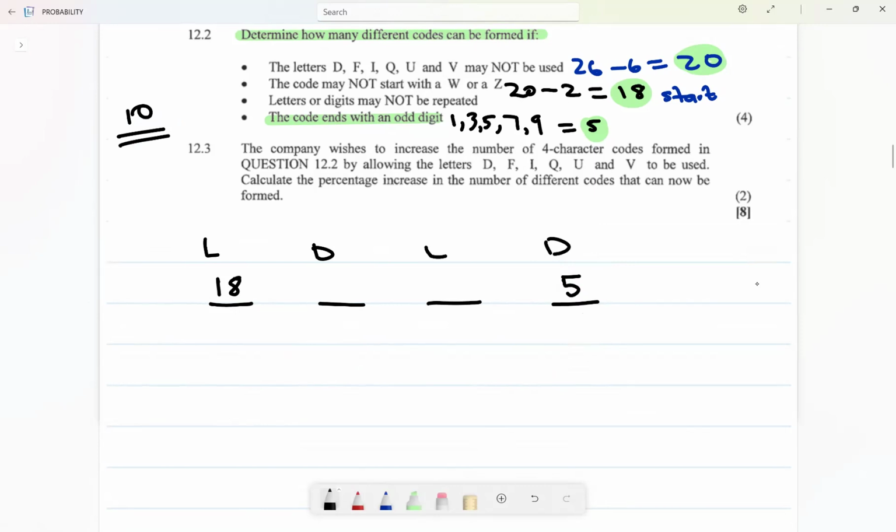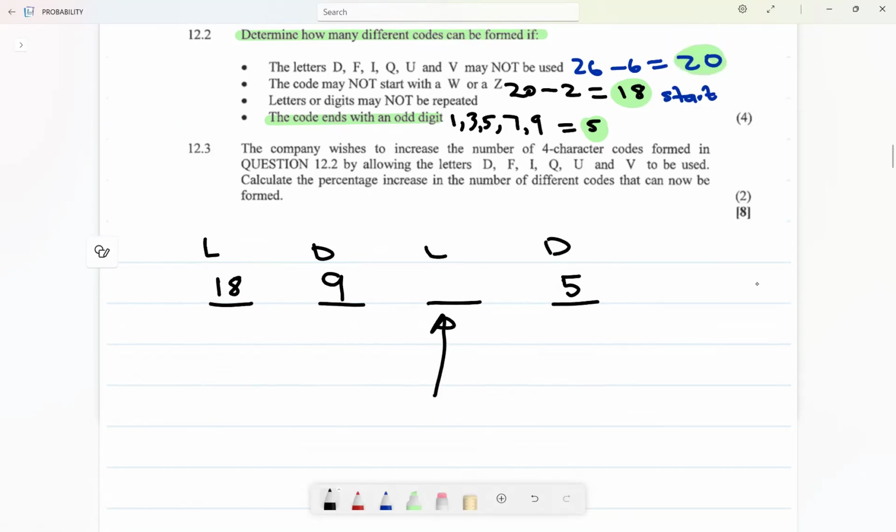This 5 means there are 5 possible numbers that can sit here. After taking one of the possible 5 here, I'm going to be left with 9. So that 9 is going to come here and say, okay, the digits now are 9 that are left. And then out of the 20 letters, because here on the letters they had no restriction, we can use 20 letters for this one.